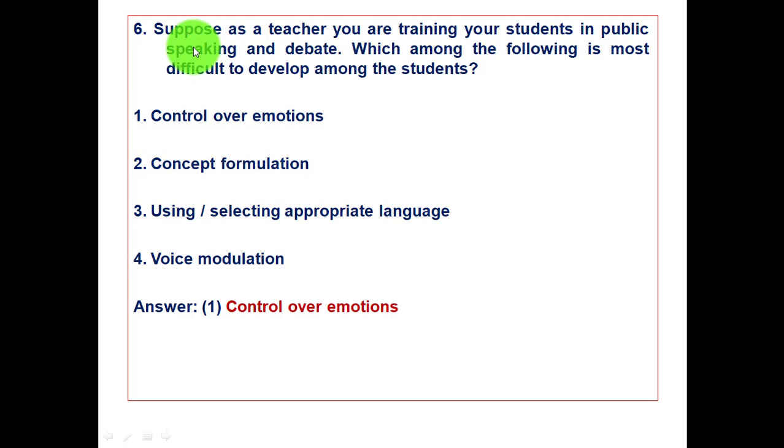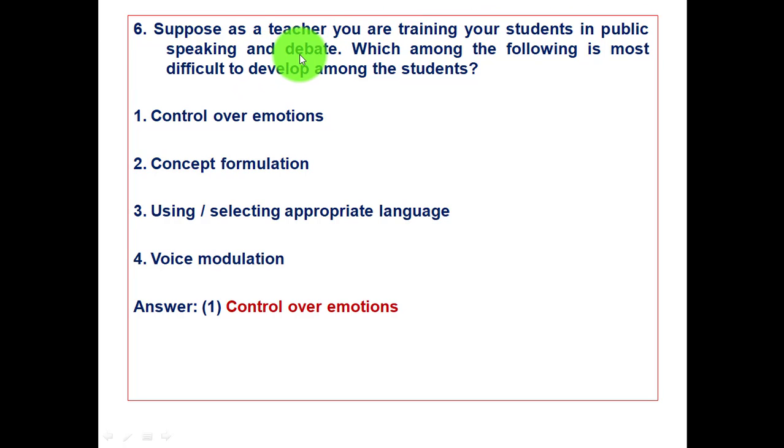Question number 6. Suppose as a teacher you are training your students in public speaking and debate. Which among the following is most difficult to develop among the students? When it is about public speaking and debate, the most important factor, always remember, is the control of our emotions.